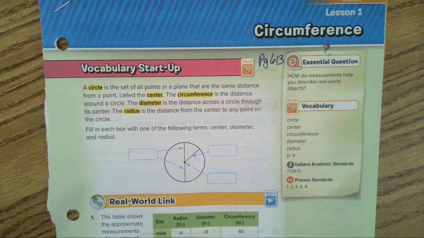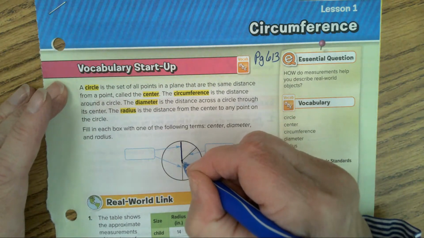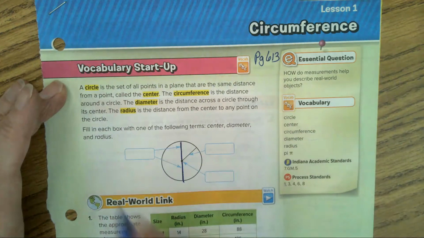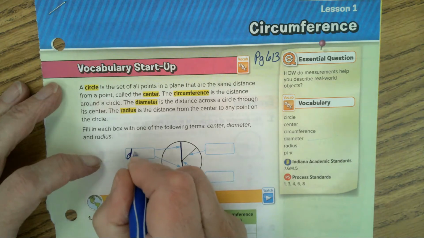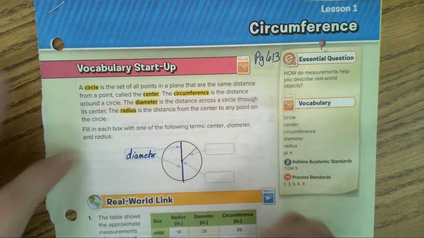So now we're going to fill in the words around the circle. This line here, let's just make it one solid line, is a diameter. So that line is the diameter.